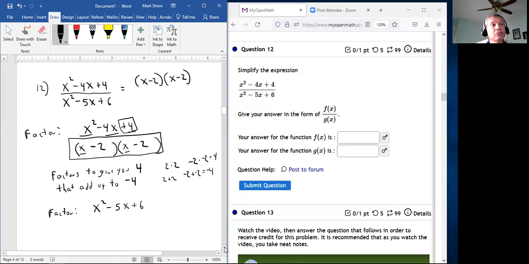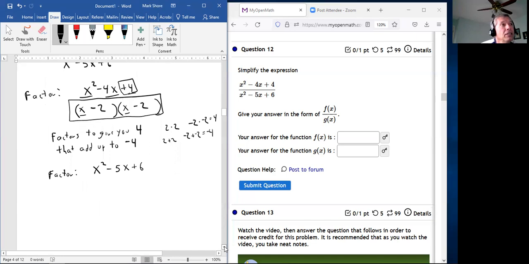So what you have to say to yourself is this: the factors of means numbers that multiply. So two numbers that multiply together to give you 6, but they add up to negative 5.